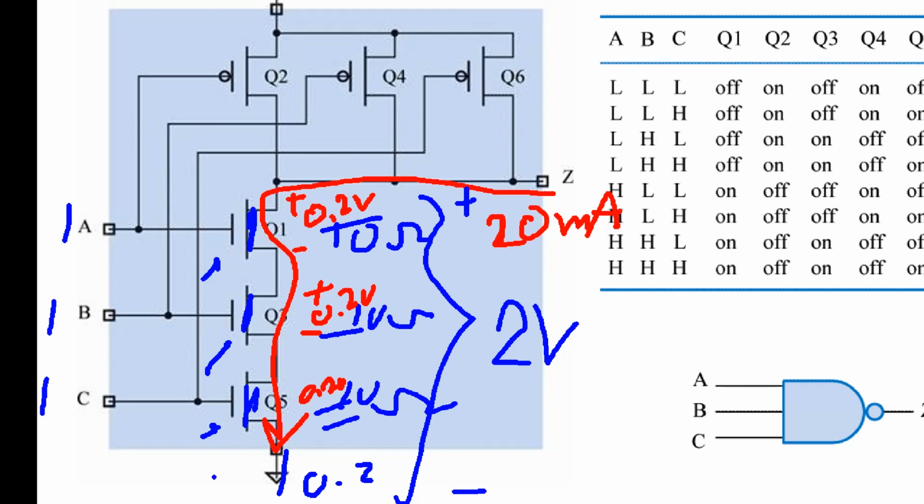That means this point is 0 volt or ground, but it's plus minus 2 volt. That means this point has higher voltage, so now the output becomes 2 volt also. But 2 volt is not logic low, right? So some error occurs.